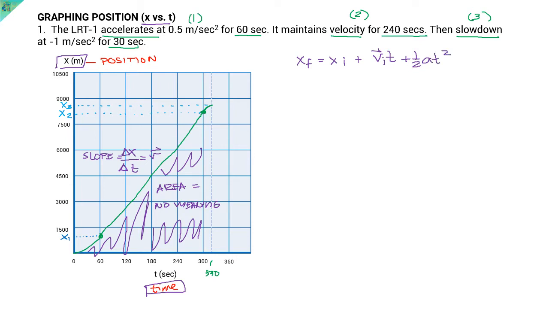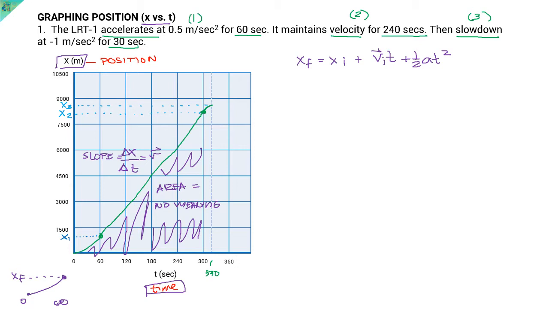Again, why should we use this formula? Because we're trying to search for the final position, such as this one, from 0 seconds to 60 seconds. From this point to this point, we are actually searching for the final position, because we know that the initial position for that would be 0, and then we're trying to search for the final position.